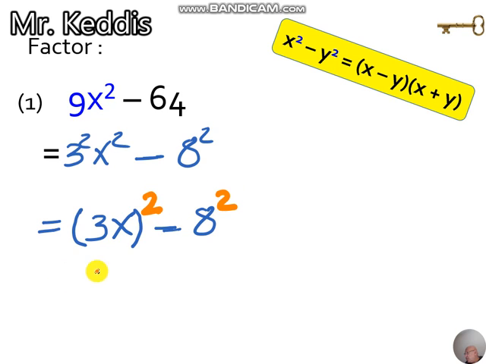And this becomes the difference between two squares. To factor this, I factor 3x minus 8 and 3x plus 8, like x minus y, x plus y.